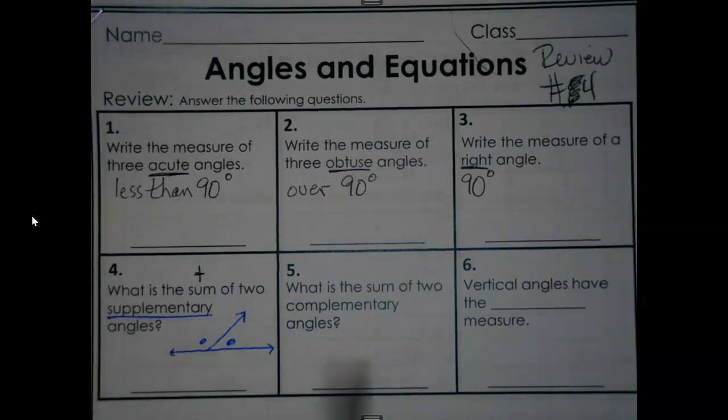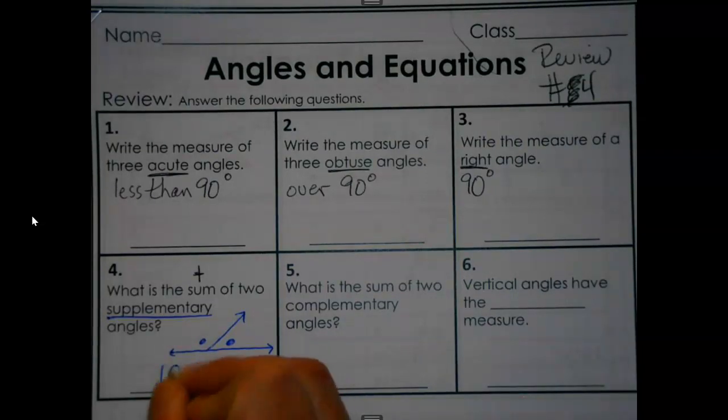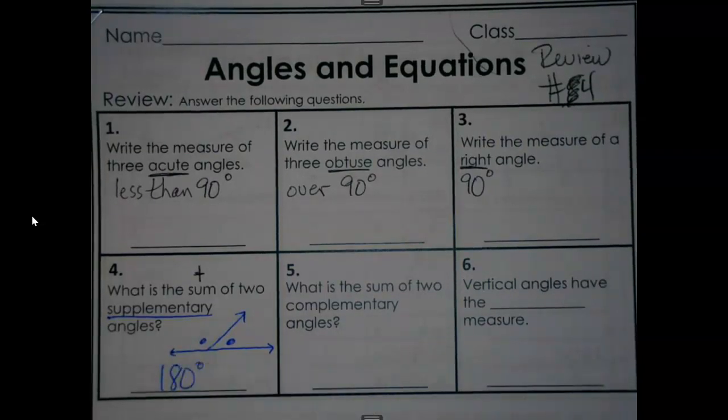How many degrees are in a straight line? 180. So if I have two angles and they make a straight line, they're going to have a sum of 180 degrees.